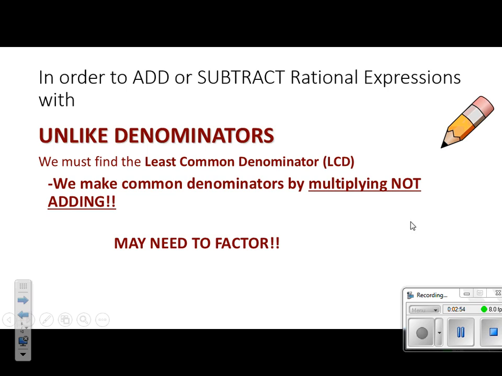So, in order to find that common denominator, we have to be thinking about multiplying and factors, not terms or adding. Okay? So keep that in mind. We have to think what is the highest power of every factor? That's always going to be my least common denominator.